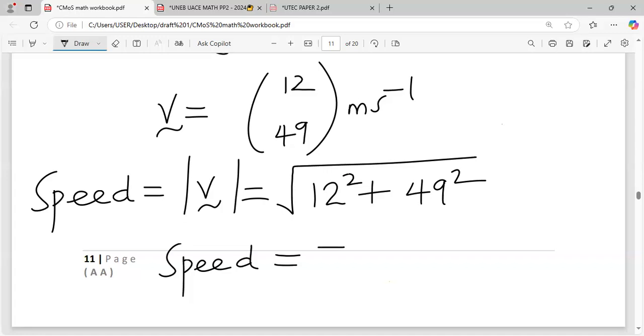I'm getting 50.44799. You know me, I'm a fan of 5 decimal places, for reasons you all know.